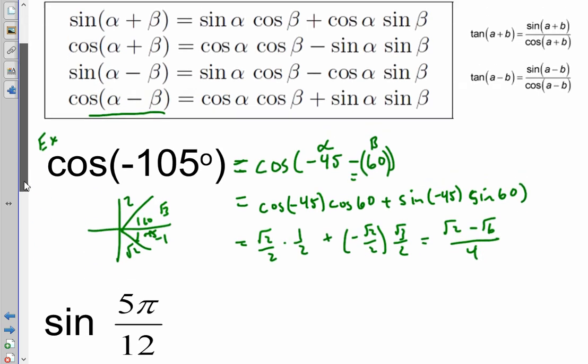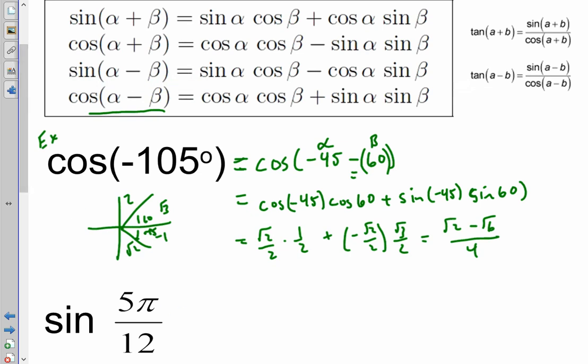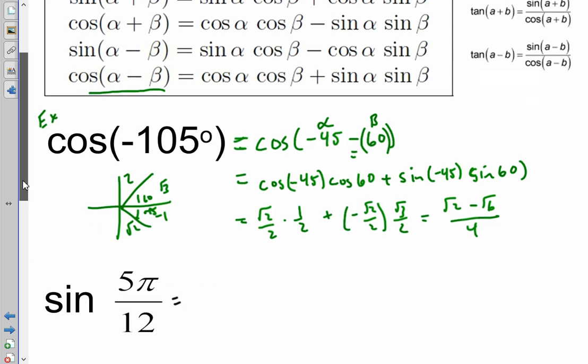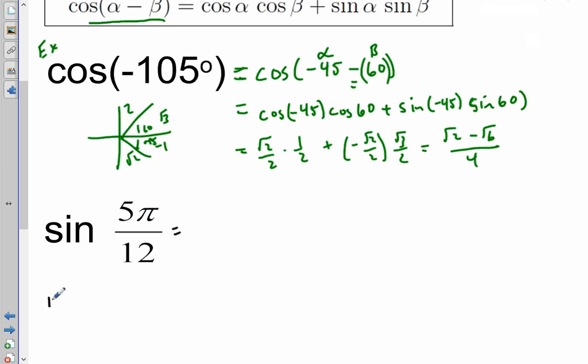Let's try another one. But this time, let's use some radians. With radians, for this pi over 12, what I like to do is break it up into similar ones, and I like to think about it in degrees when I'm figuring this out. So what would this be in degrees? Pi over 12 is 180 divided by 12, which equals 15 degrees.